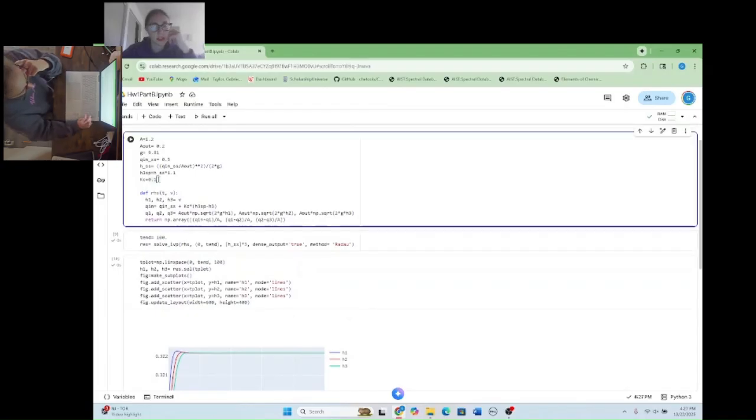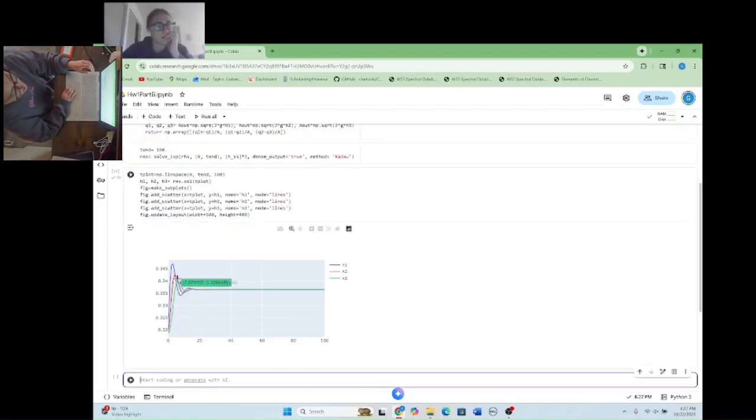So let's change this to, I think, 1 was the next one. Shift enter. Let's see. Okay, so you can see there's some waves in there. So this isn't really getting consistent. We're actually kind of overshooting these tanks if you look at it. We're going above and wiggling out.